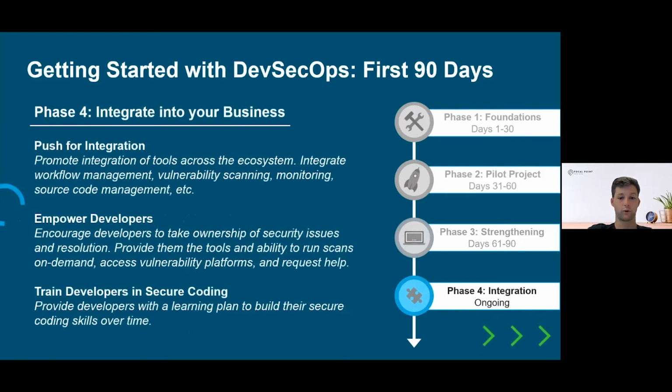Now, phase four, integrate into your business. Again, this is really going to be an ongoing effort, but continue to integrate the technology across your security and development tool sets. One good example would be workflow management. This is an example I love to talk about. If you think about a tool like Jira, which is probably in use within your organization, there's the opportunity to integrate findings from your SaaS tool into Jira so developers have tickets automatically created.